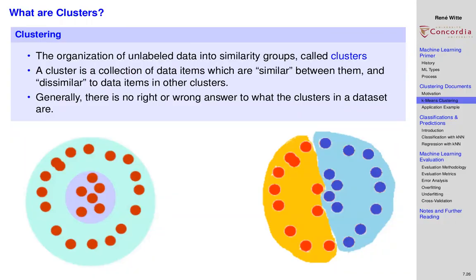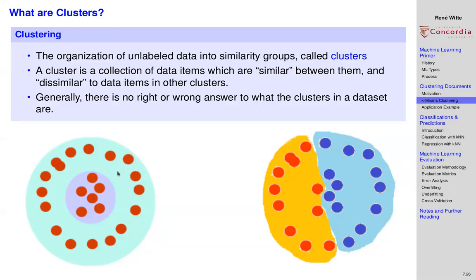So what exactly are clusters? A cluster is a collection of data points. And what we want is that all the points within a cluster are somehow similar to each other, and the points in different clusters are somehow dissimilar from each other. But as you can see from this example here, this can be a tricky question. There is, in general, no correct or wrong separation into clusters.